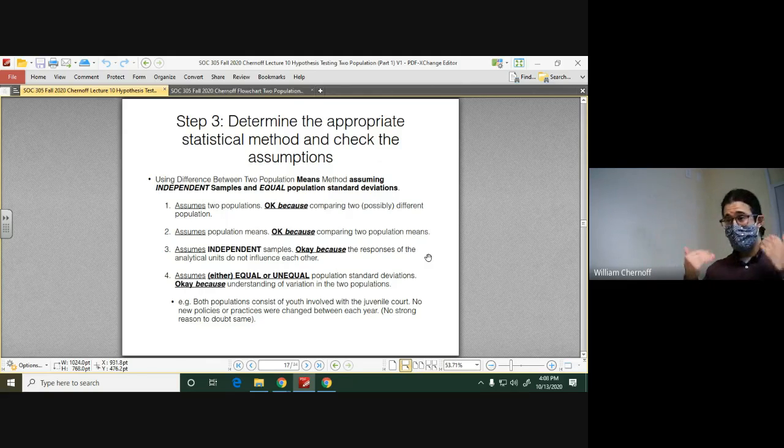Based off my own experience, there weren't any major policy changes or practice changes within this jurisdiction within these 2 years. So I don't really have any evidence to suggest that these two populations would be different in how consistent they are.